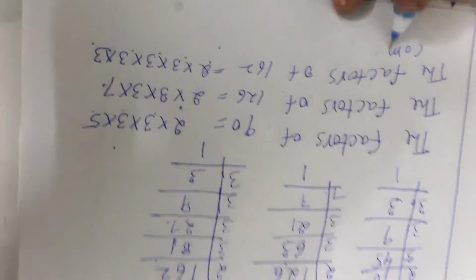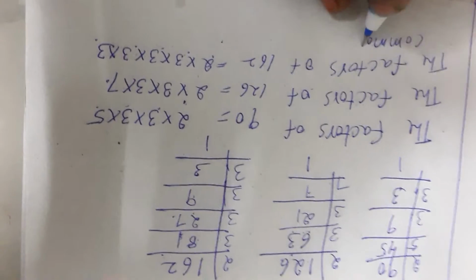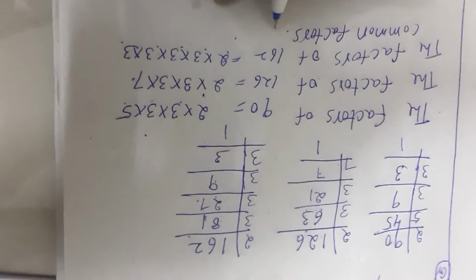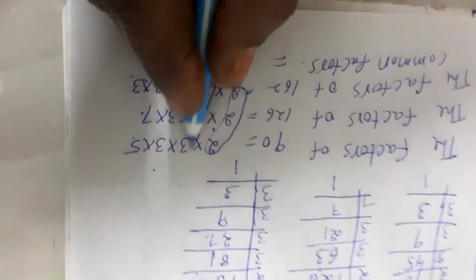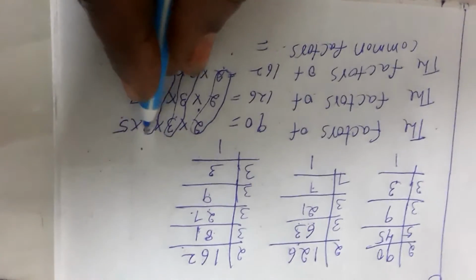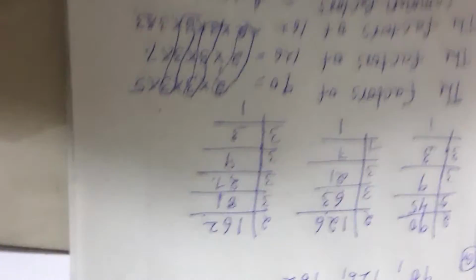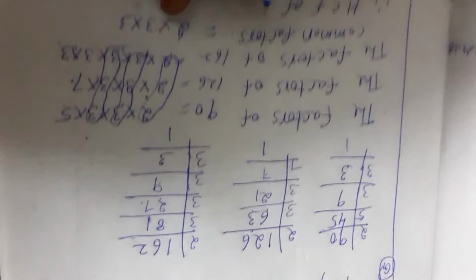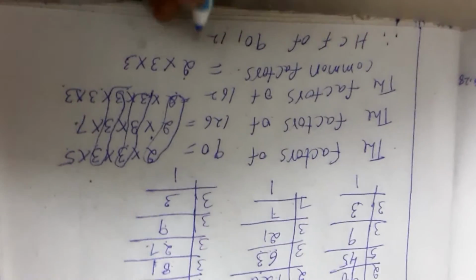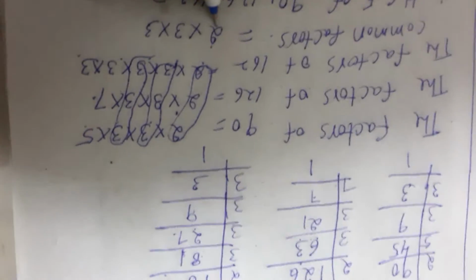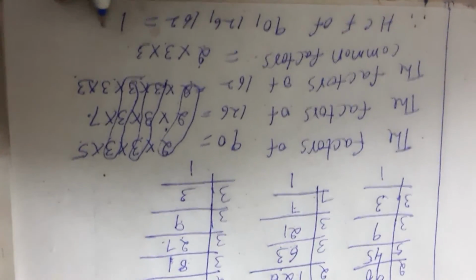Common factors: 2, 3, 3. So 2 into 3 into 3. Therefore the HCF of 90, 126 and 162 is equal to 2 threes are 6, 6 threes are 18.